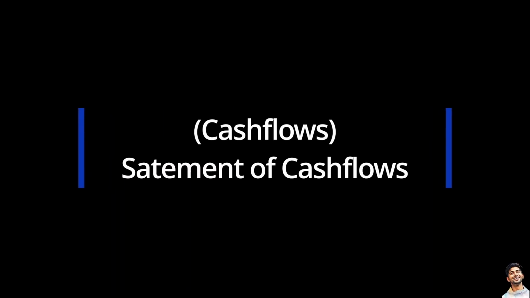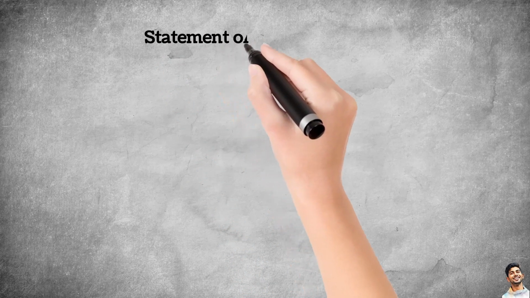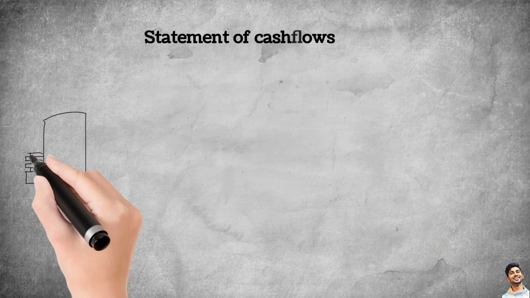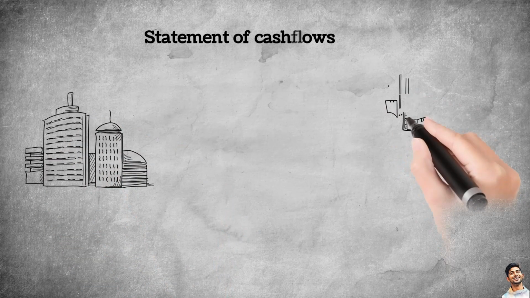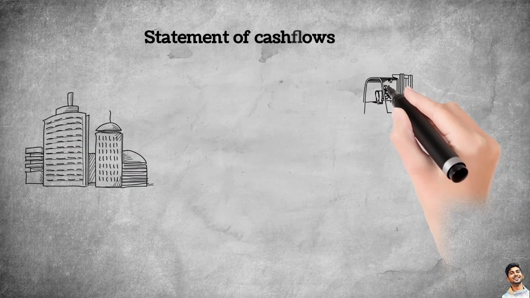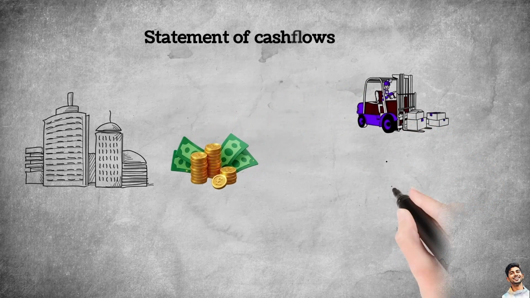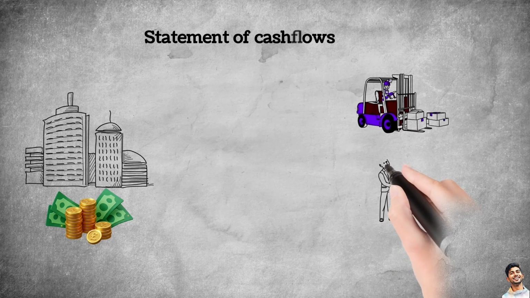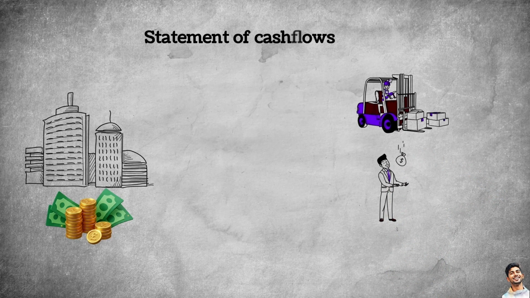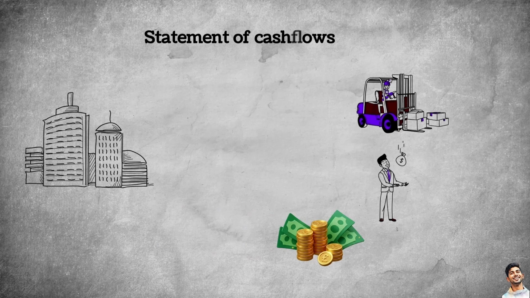Now let's talk about cash, which is the statement of cash flows, also known as the real money movement. The statement of cash flows shows exactly that: where the cash came from, and where it went.